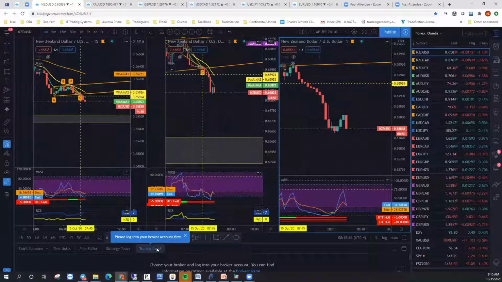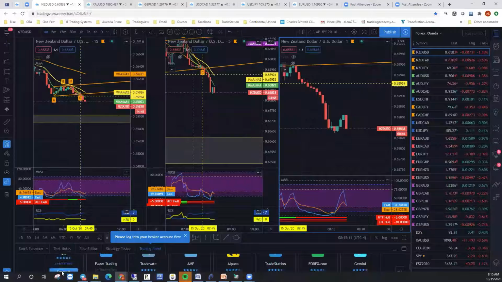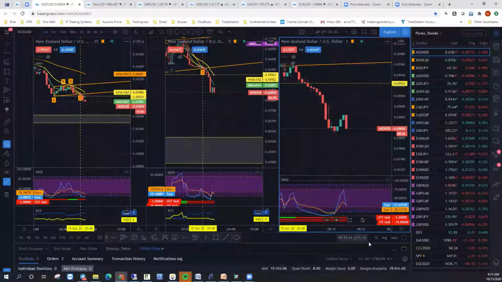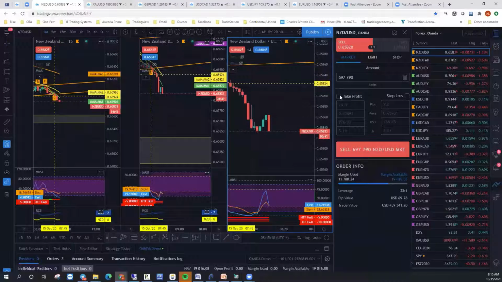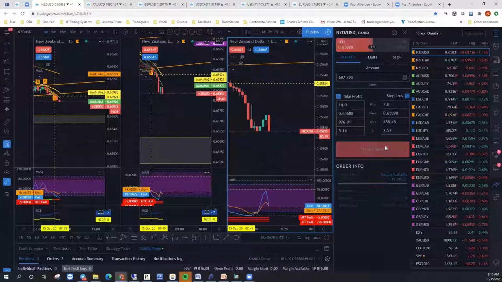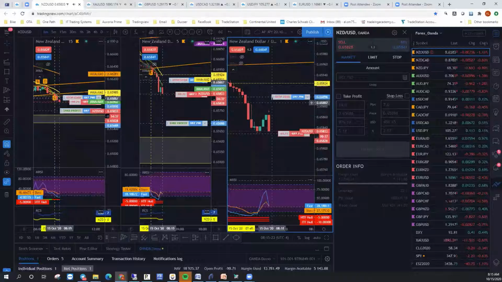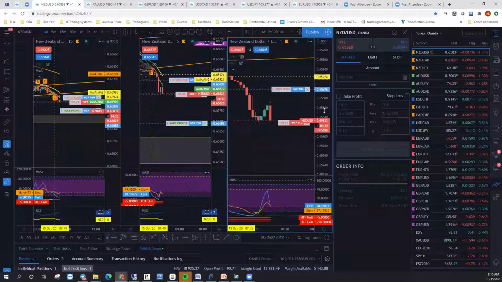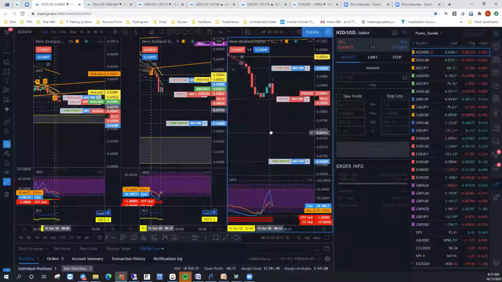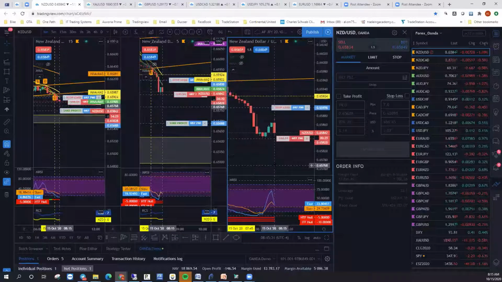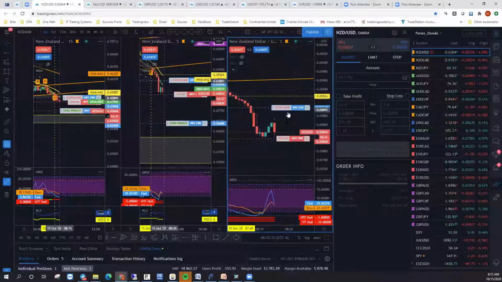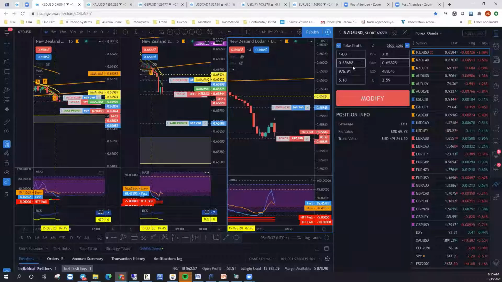Every time I change charts, I've got to redo this. Yeah, no, me too. I'm going to do a market entry on this one. This one still looks like it's going to be a good sell. Let's see where my protection is.